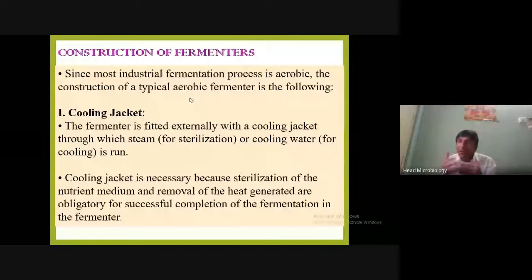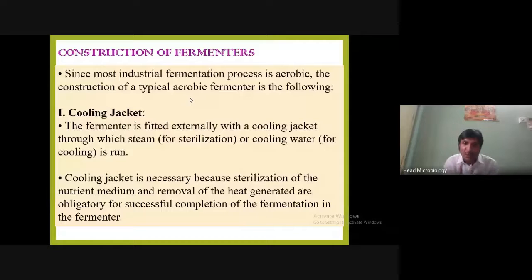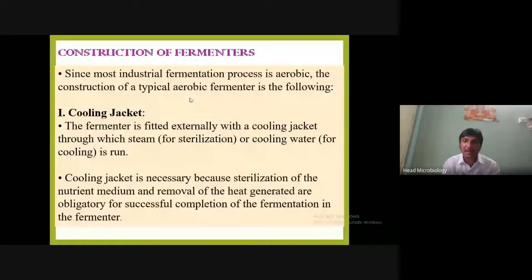If too much heat is generated, the product will be completely lost. So the cooling jackets play a very important role in controlling the temperature. A cooling jacket is necessary because sterilization of nutrient medium and removal of generated heat is obligatory for the successful completion of fermentation in the fermenter.